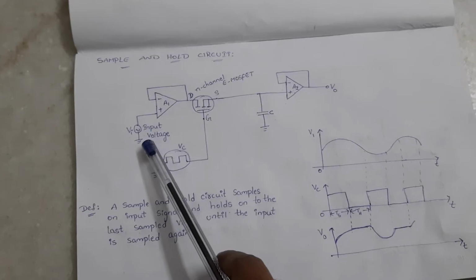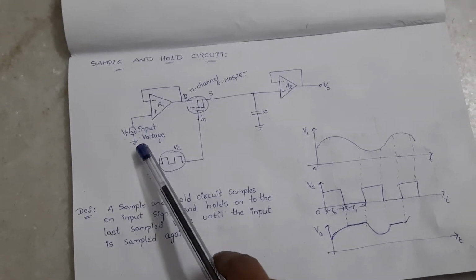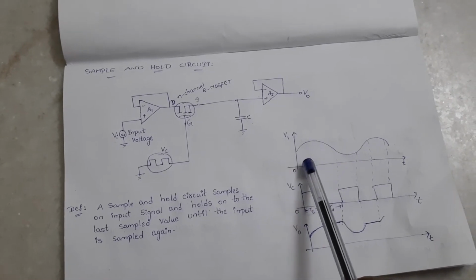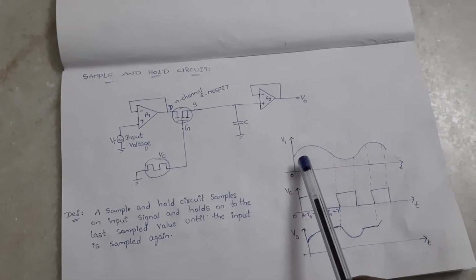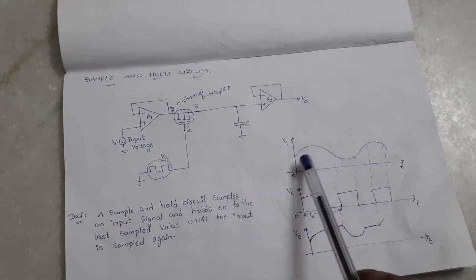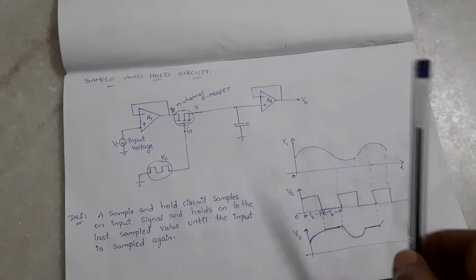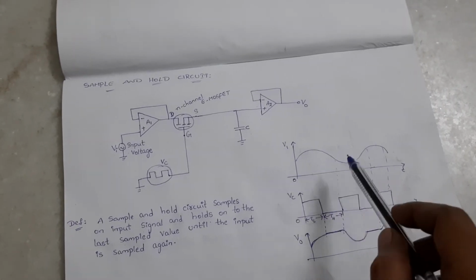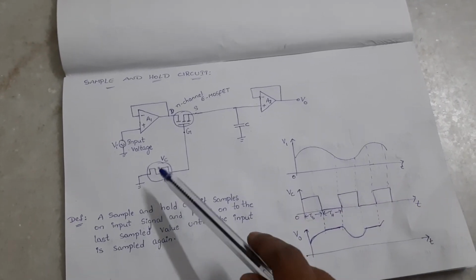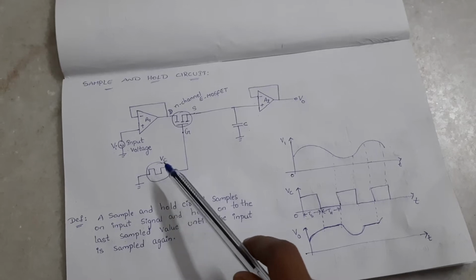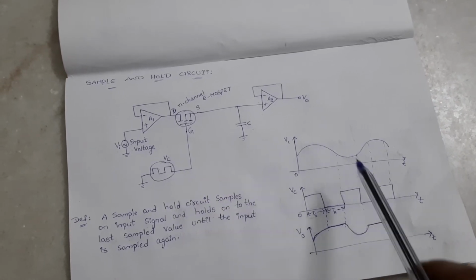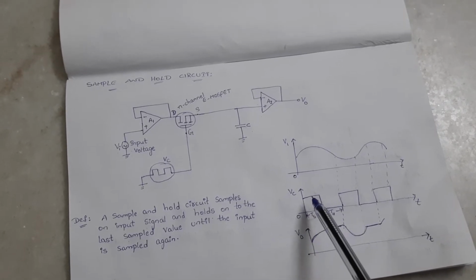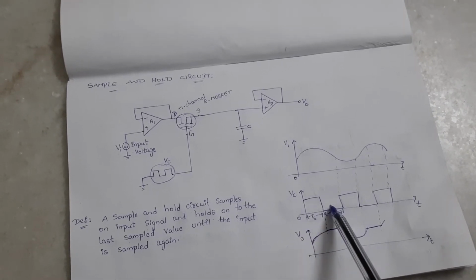Whenever you give the input voltage Vi, observe the waveforms here. The input is a sinusoidal waveform. In the waveforms we have shown the control voltage, which is of ones and zeros.